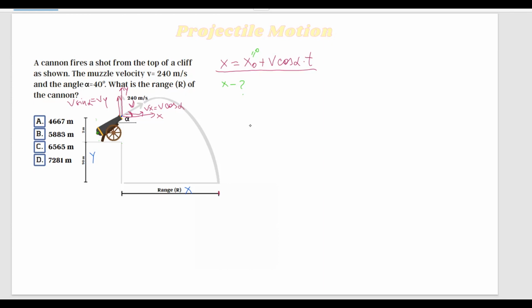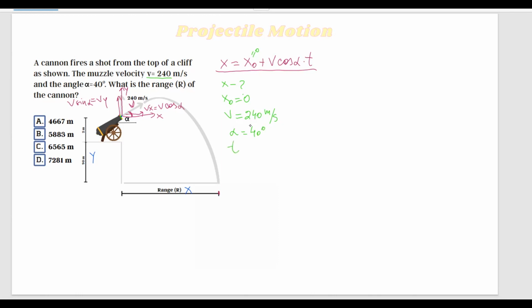So x0 would be the horizontal distance from the starting point to wherever we placed our coordinate system. This is why I suggest you place the coordinate system right at the starting point. So x0 equals 0. V is given in the problem as 240 meters per second, and alpha is also given as 40 degrees.